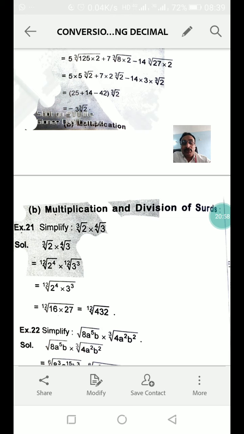Just like you are given the cubic root of 2 times the fourth root of 3. Here the order of the cubic root of 2 is 3, and the order of the fourth root of 3 is 4.